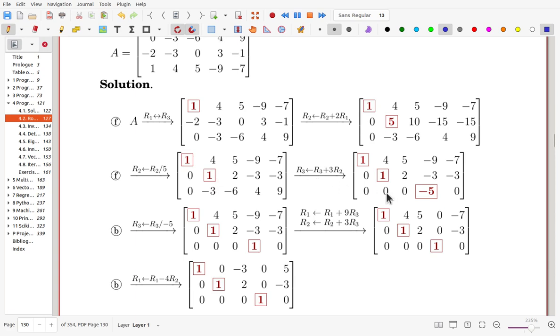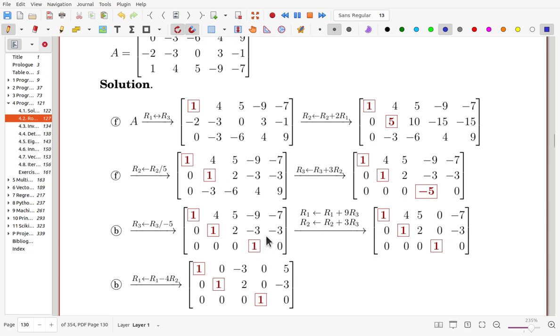So here we make this one 0. Now we recheck this matrix so that this becomes a pivot. Now divide by -5, and we have this one, so that these are pivot positions and all values are 1.